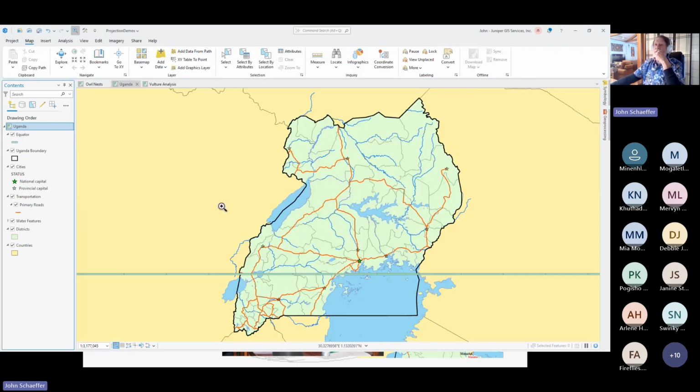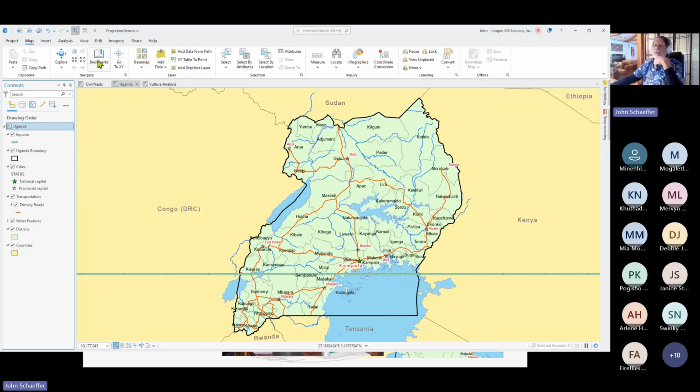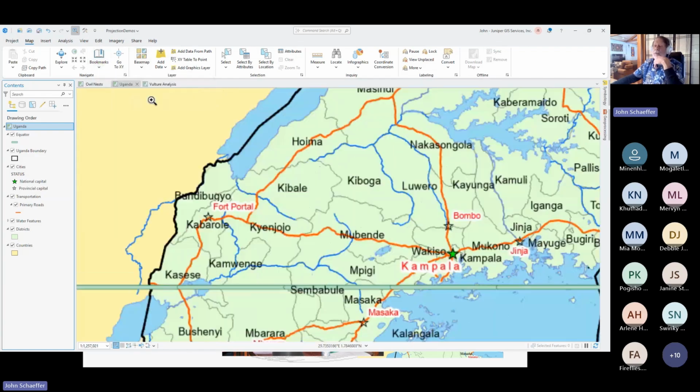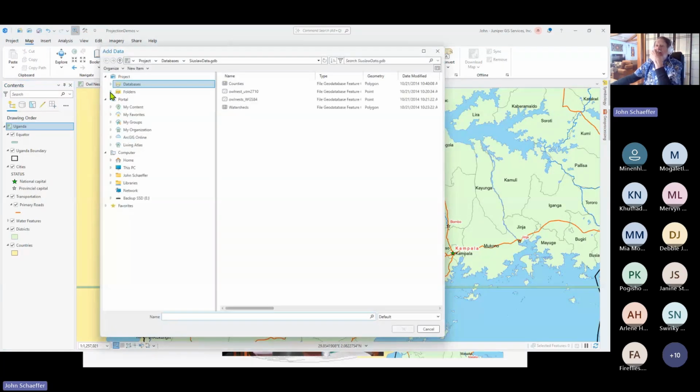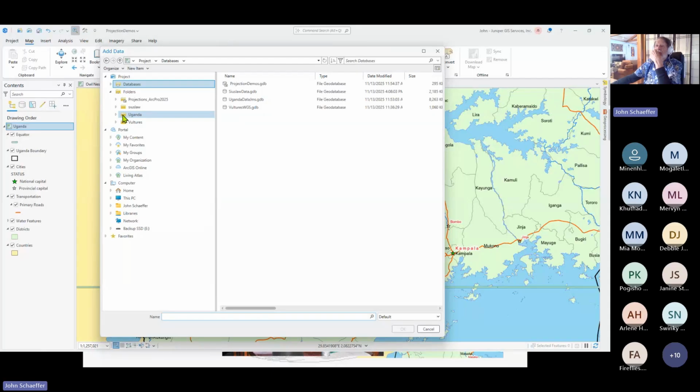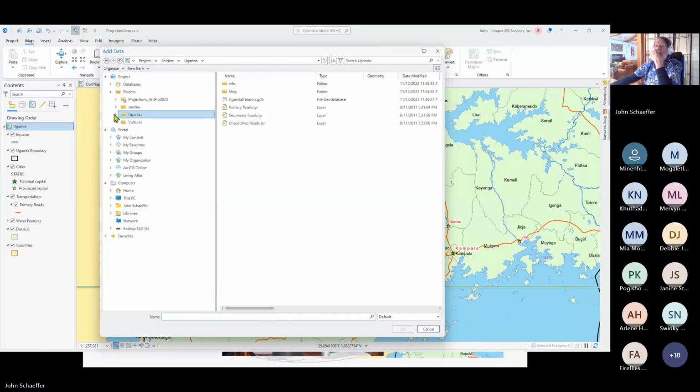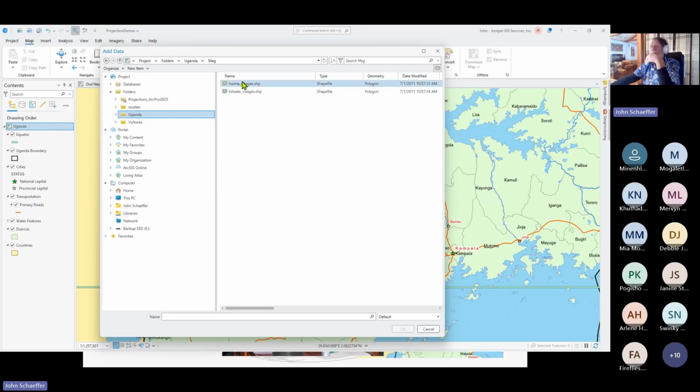Let's move a little closer to our area of interest. So we'll zoom into the Hoima district, and let me bring in the data. I'm going to click Add Data. In this case, we're going to Folders, Uganda, Meg. Meg is the name of the person who put this data together.